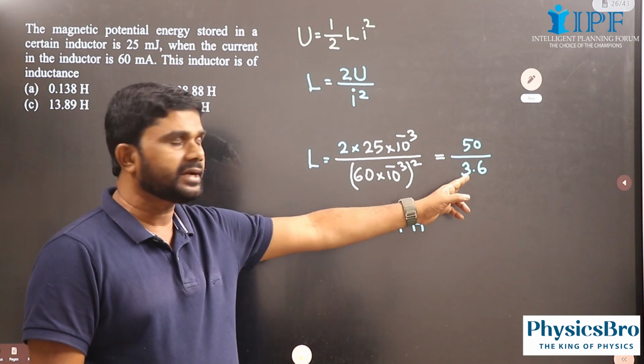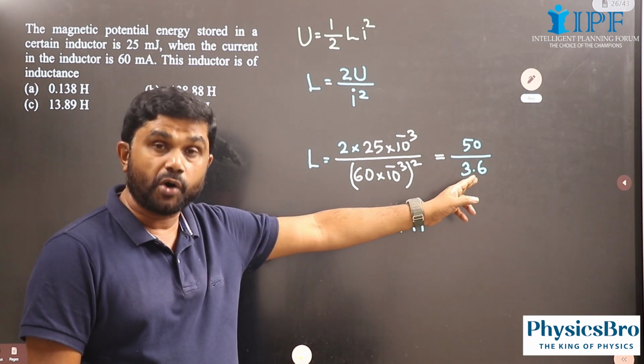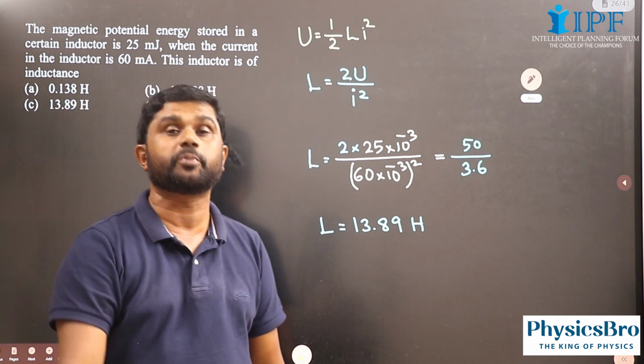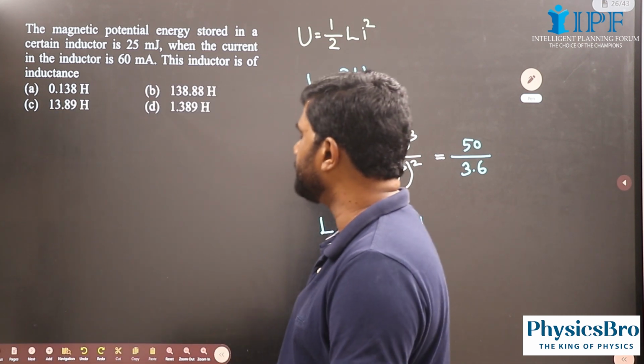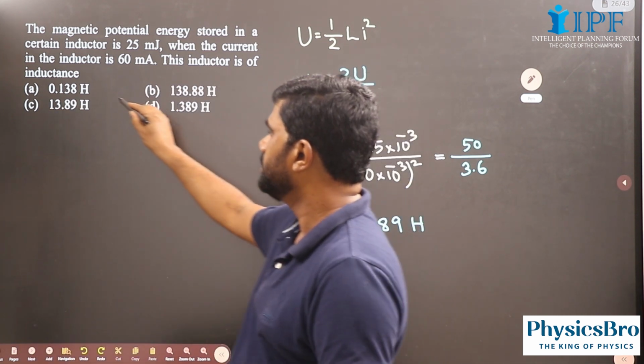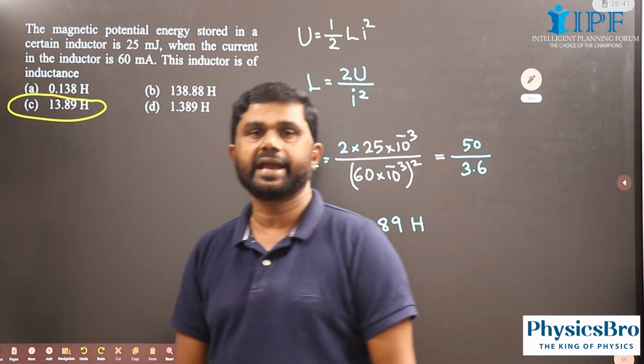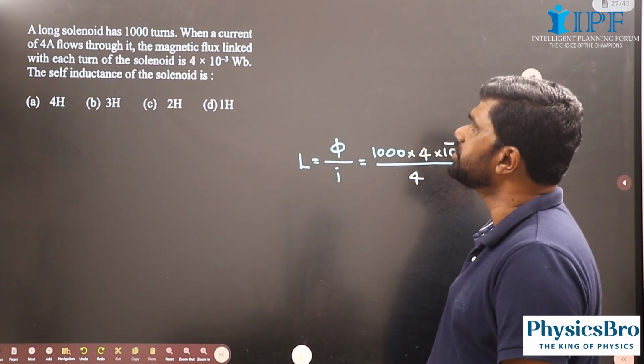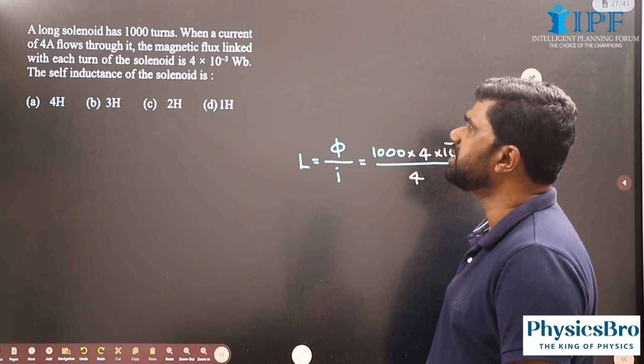But in the denominator, it is not 4, it is slightly smaller than 4. So the answer will be slightly more than 12.5, that is 13.89.